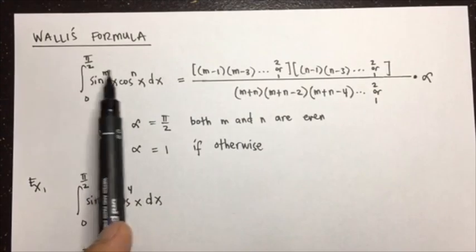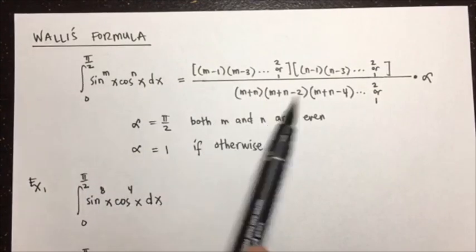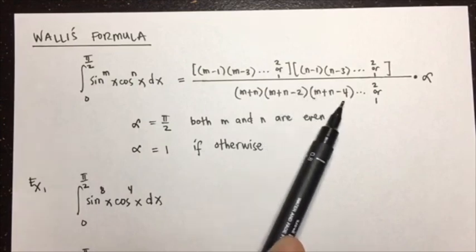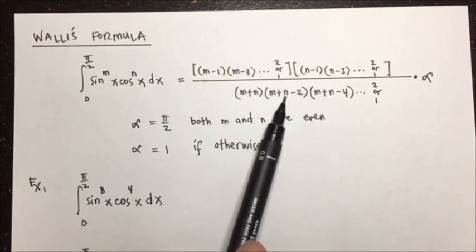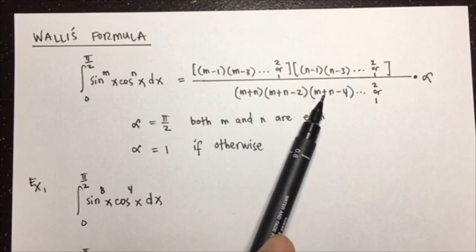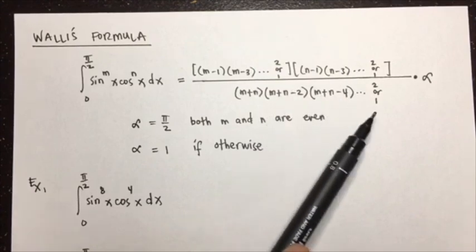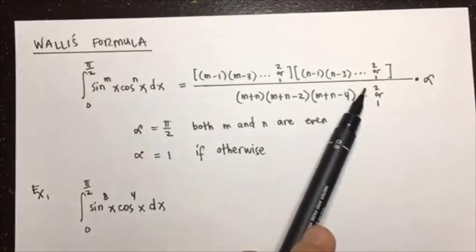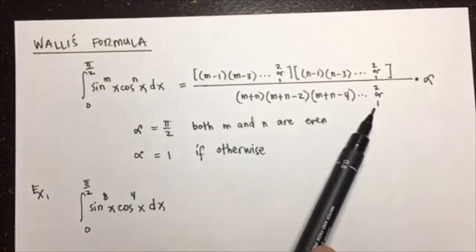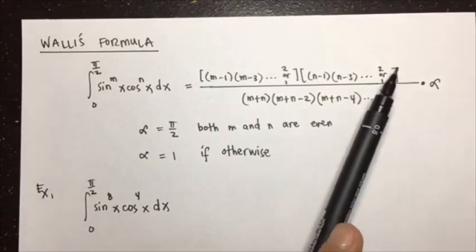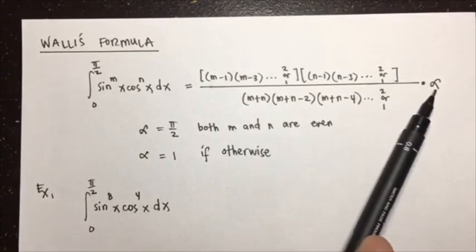We start with m plus n and continue the series with a decrement of 2: m plus n minus 2, then m plus n minus 4, so basically minus 2 each time until it becomes 2 or 1. And then multiply it by a multiplier alpha.